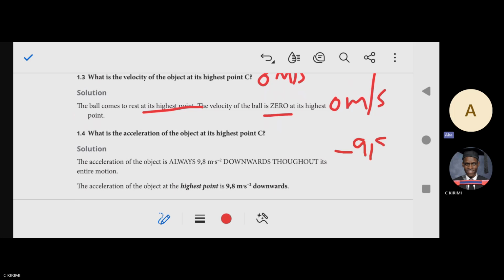Negative 9.8 meters per second squared. It's not just second, but second squared. Or you can write it in terms of an exponent, to the power negative 2.